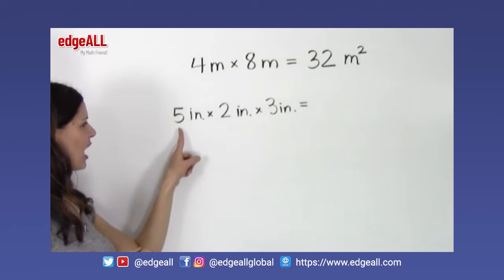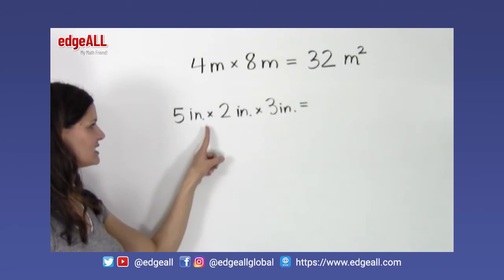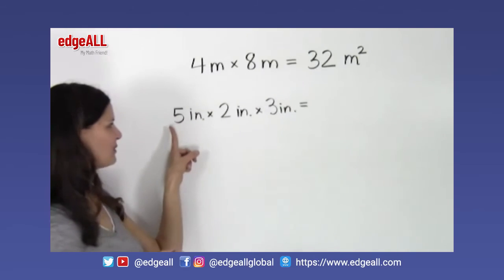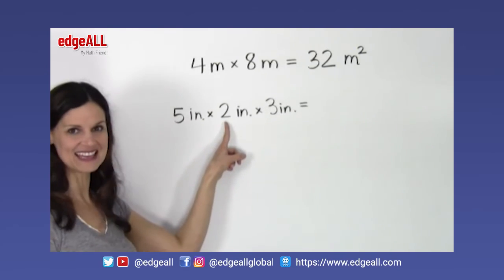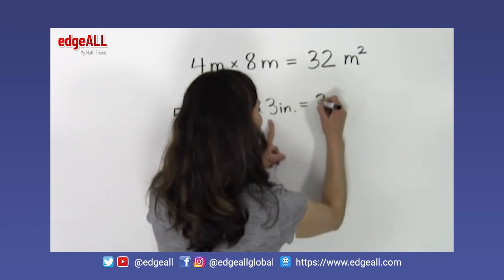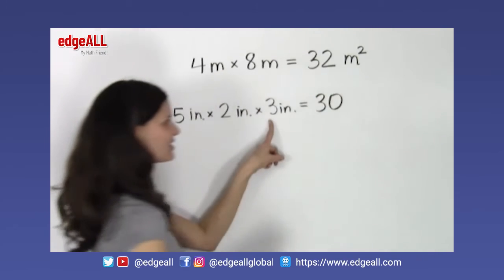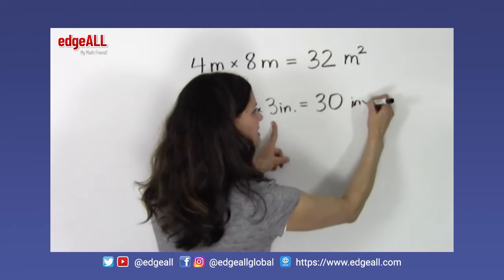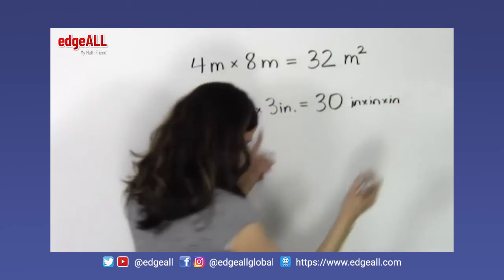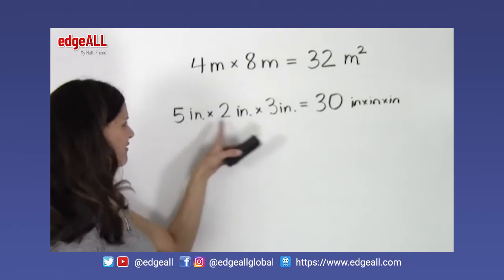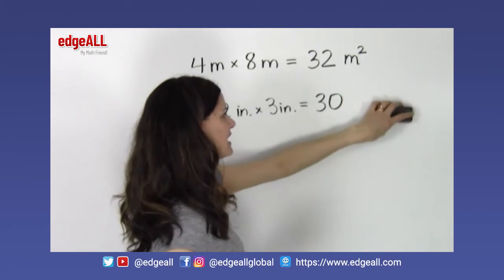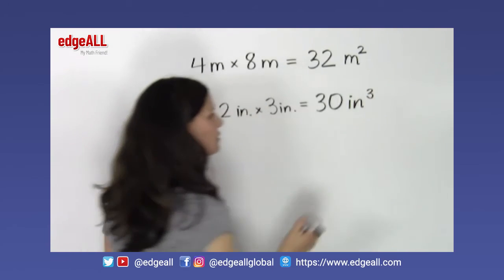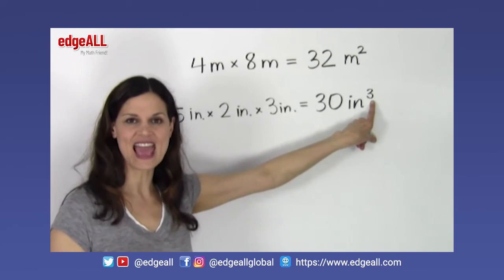Similarly, if I have a problem like this, 5 inches times 2 inches times 3 inches, I would multiply the 5 times 2 is 10, times 3 equals 30, and I would report my answer as 30, and instead of writing 30 inches times inches times inches, because that's what I have, 3 inches here multiplied together, I write this as inches cubed with a 3 here in the exponent.